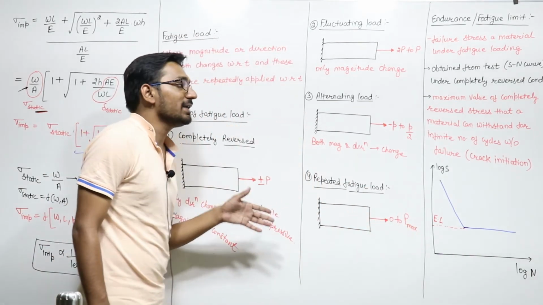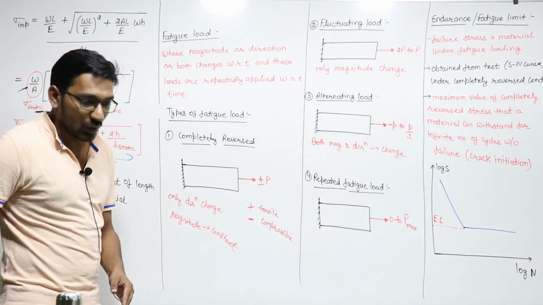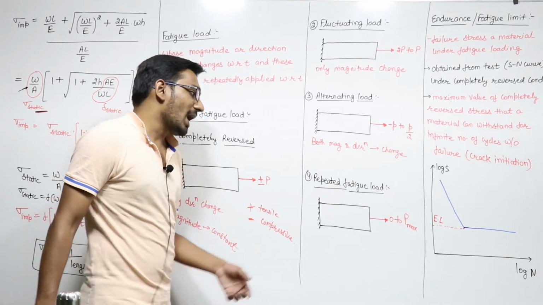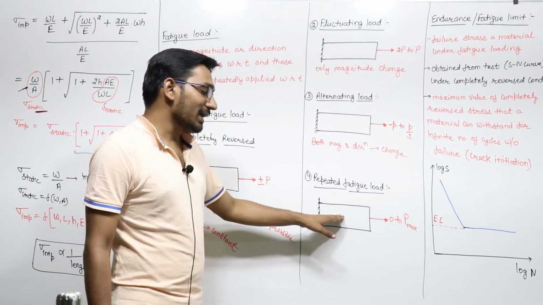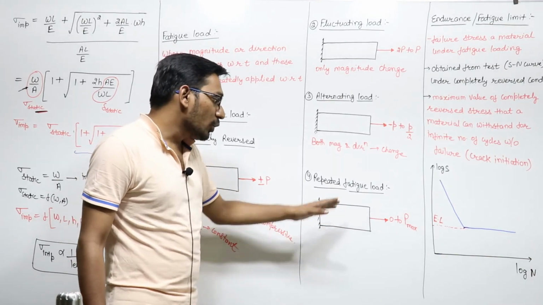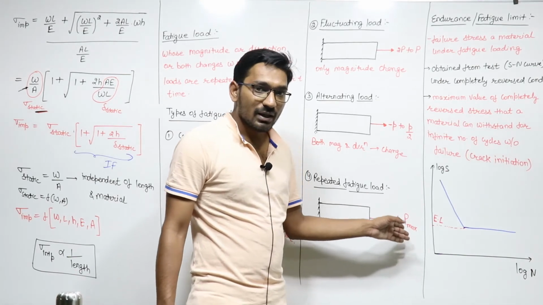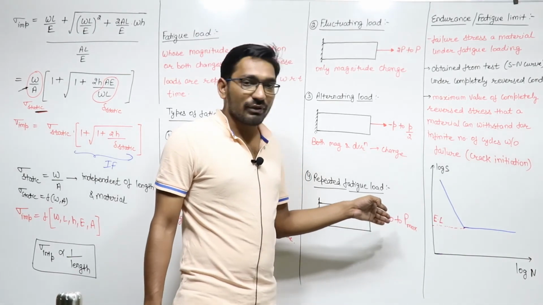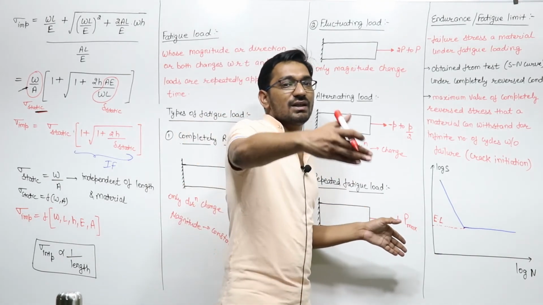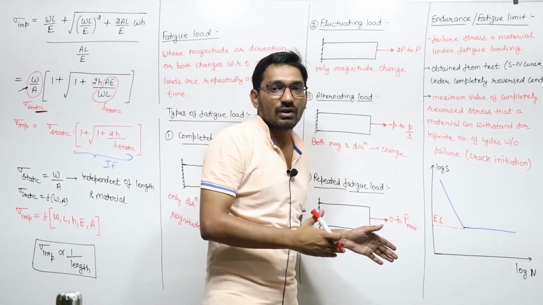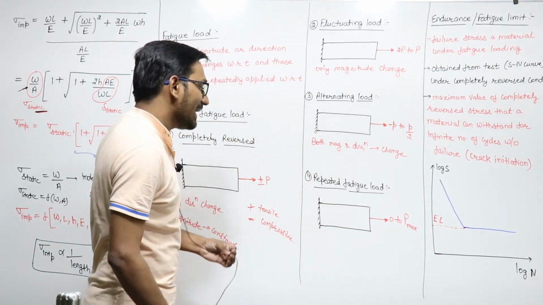The fourth one is repeated fatigue load. Repeated fatigue loads are those in which the bar is subjected to a load whose magnitude changes from 0 to maximum. The force magnitude is 0, then increases to maximum, then 0, then up to maximum again.